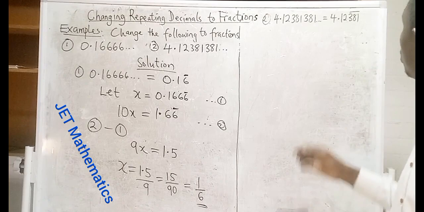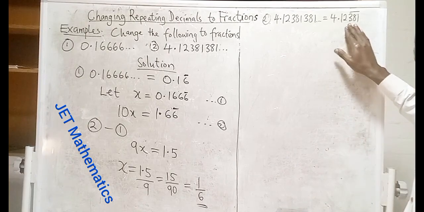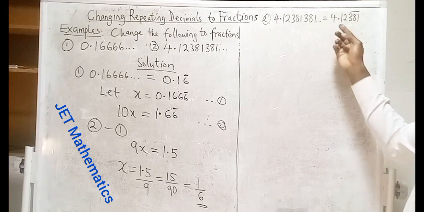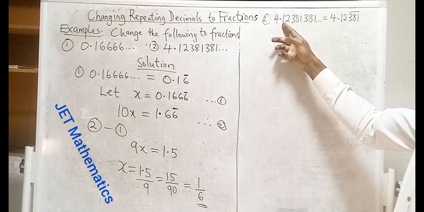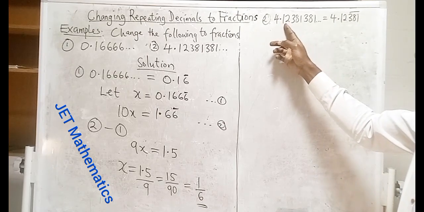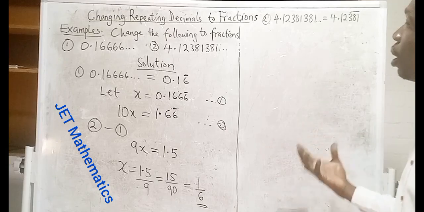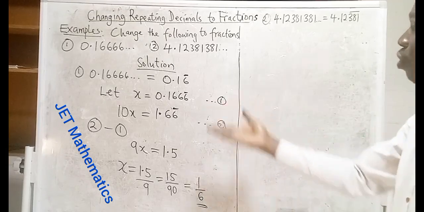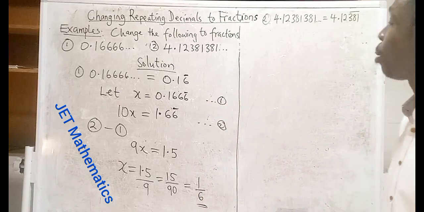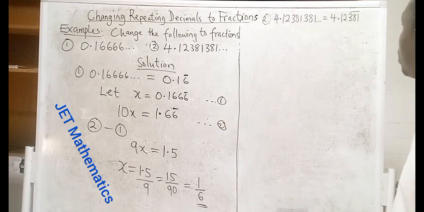You discover in this problem, again, the repeating decimal did not start just after the point. We have two numbers after the point before it started. But the idea does not change. It just follows the basic approach as we did in the first example.